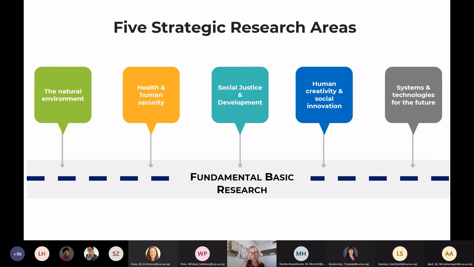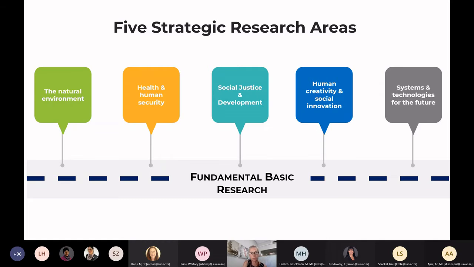The one thing that we also wanted to make very clear in our strategy is that all of these more applied areas are grounded in fundamental basic research. And Stellenbosch University, one of its strengths is actually its particular expertise that is built up over many decades in areas such as chemistry, theoretical physics, philosophy, many, many areas that are fundamental and basic research areas.